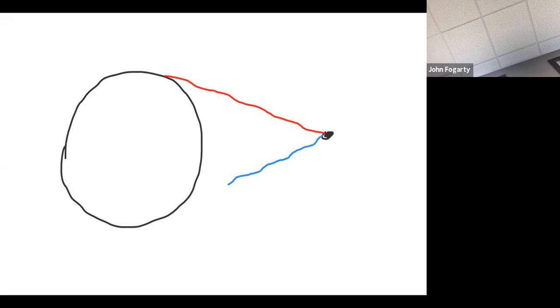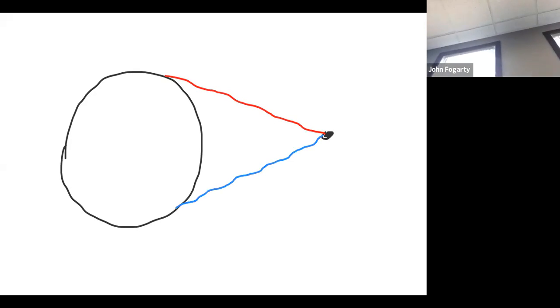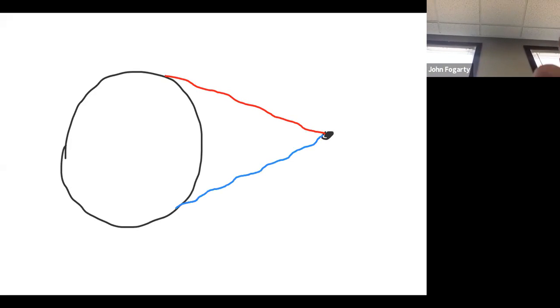The second rule is that if you have a point outside a circle and you draw a segment to the circle that's tangent to the circle, and then you draw another one from the same point tangent to the circle, you know that those two segments are congruent.